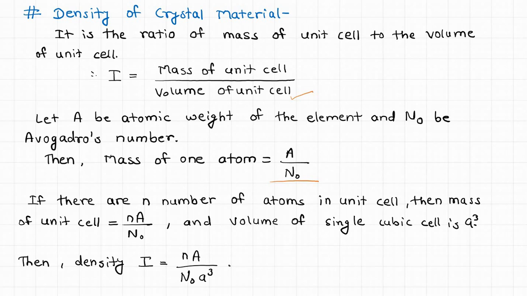If there are n atoms in unit cell, then mass of unit cell is equal to n into A divided by N0 and volume of single cubic cell is a cube. Then density rho is equal to n into A divided by N0 into a cube. This is the density of crystal material.